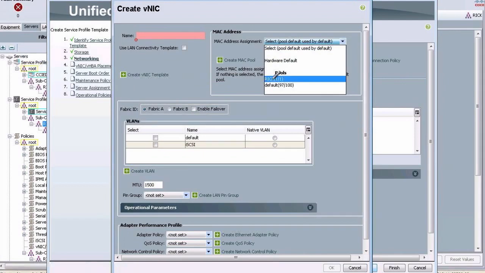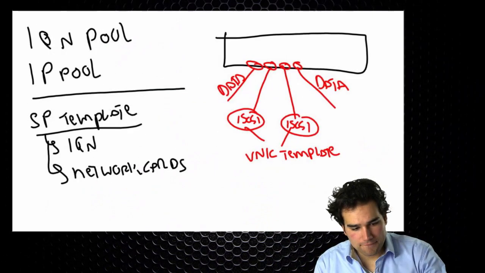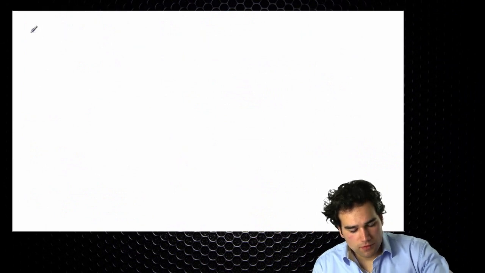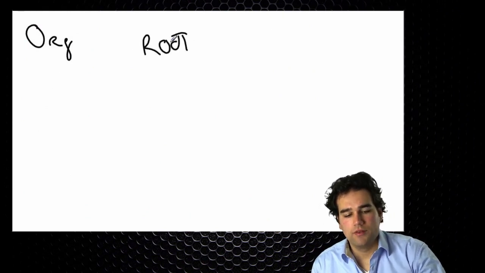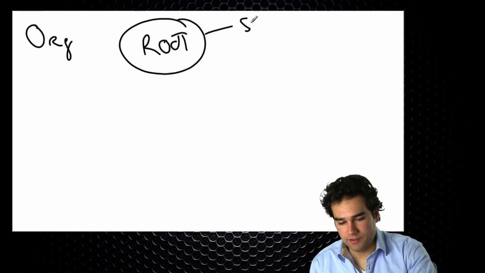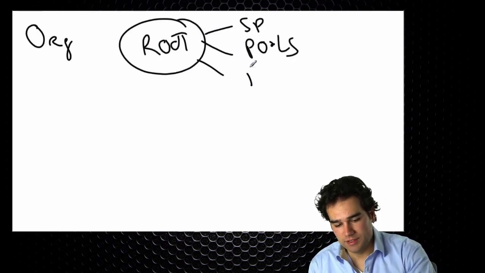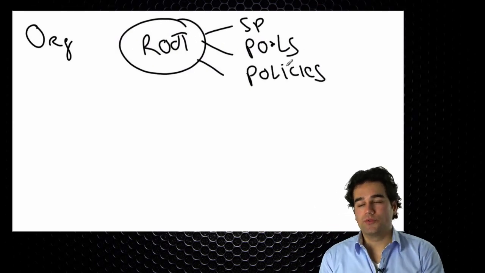So in hierarchy, if I start drawing this, we talked about RBAC. If we talk about organizations, by default we have our root organization. That is always existing. And in this root organization I have everything: service profiles, pools, and policies, and I can use all those resources together.